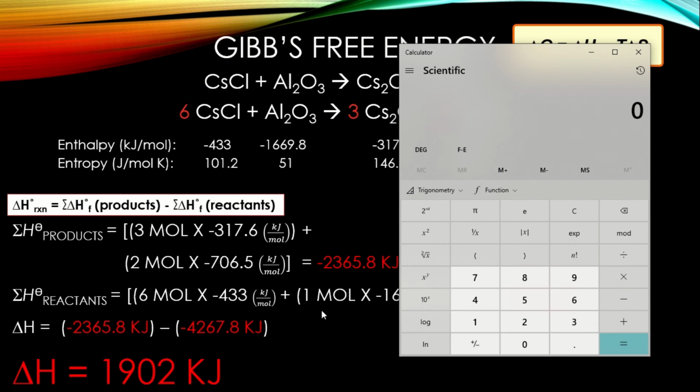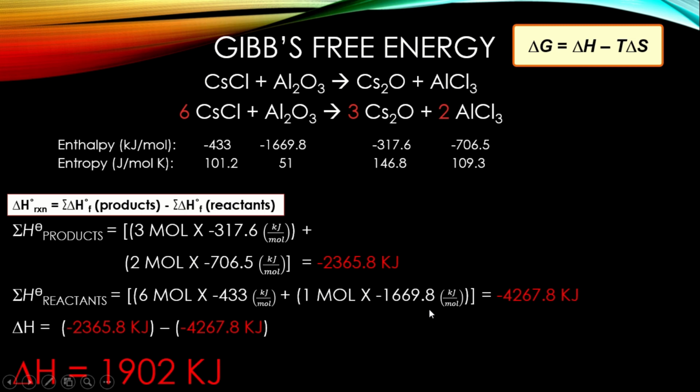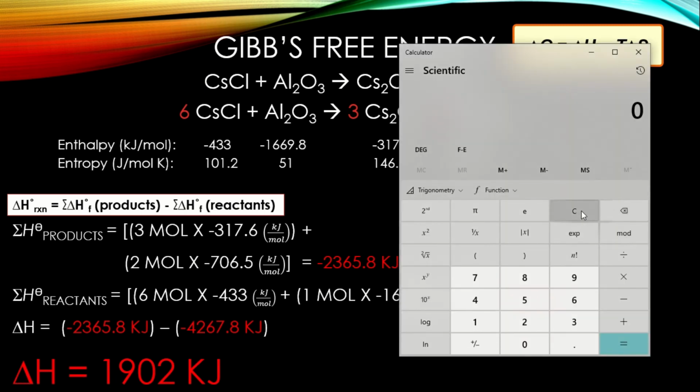So 1 mole, times the enthalpy value of aluminum oxide, which is negative 1669.8. By putting that in our calculator, I will start with negative 433 times 6 plus negative 1669.8 times 1.